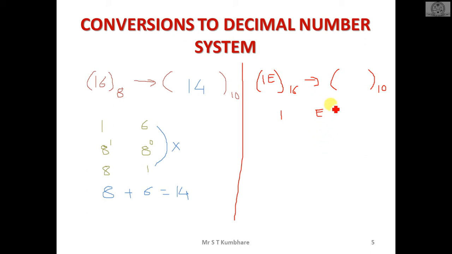If you multiply E with anything, you will not get proper result. So we have to consider its value, that is 14. Then you have to write down its base 16 raised to power 0, 16 raised to power 1. And then what you will get? Here you will get 16, here you will get 1.